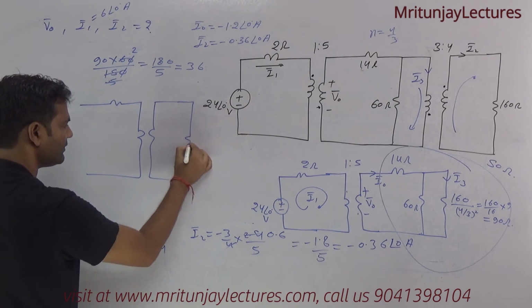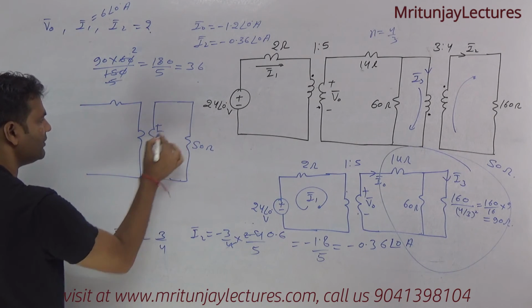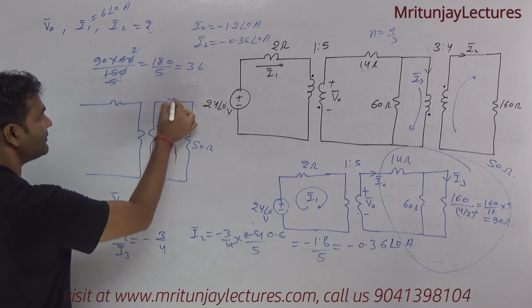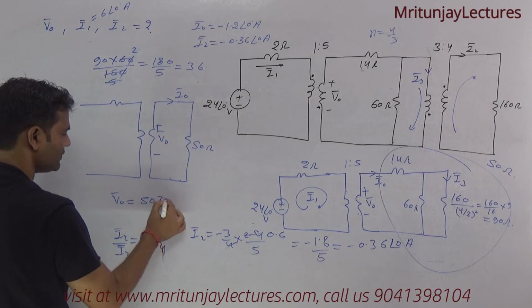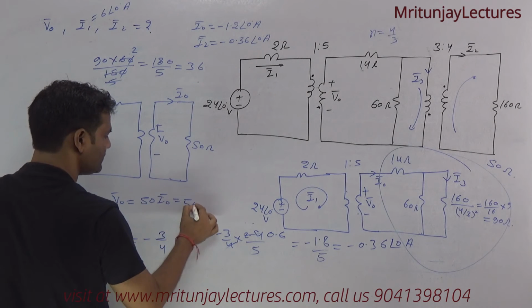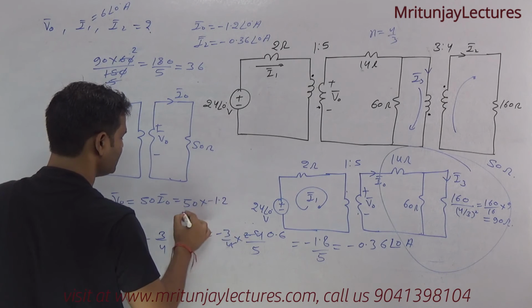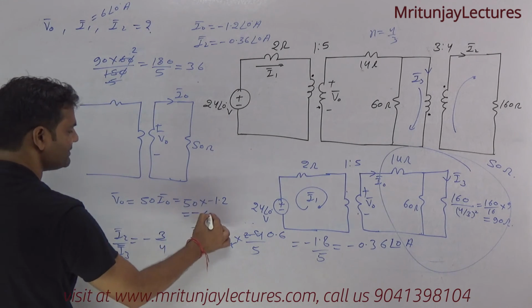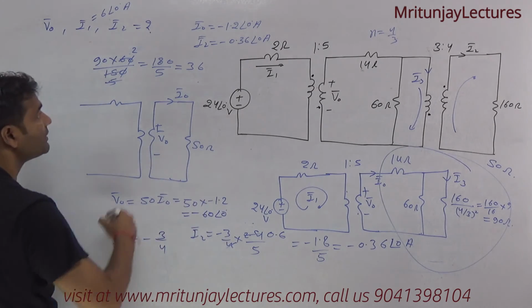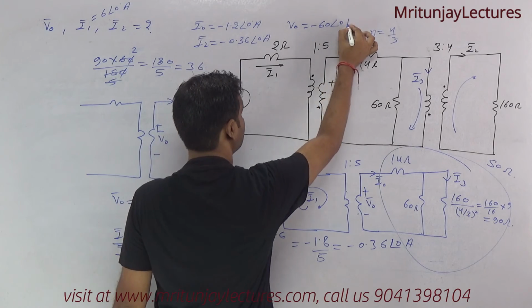So V0 is written as 50 into I0. What about I0? That is minus 1.2. So finally we got minus 60 at the angle 0 volt. So V0 is minus 60 at the angle 0 volt.